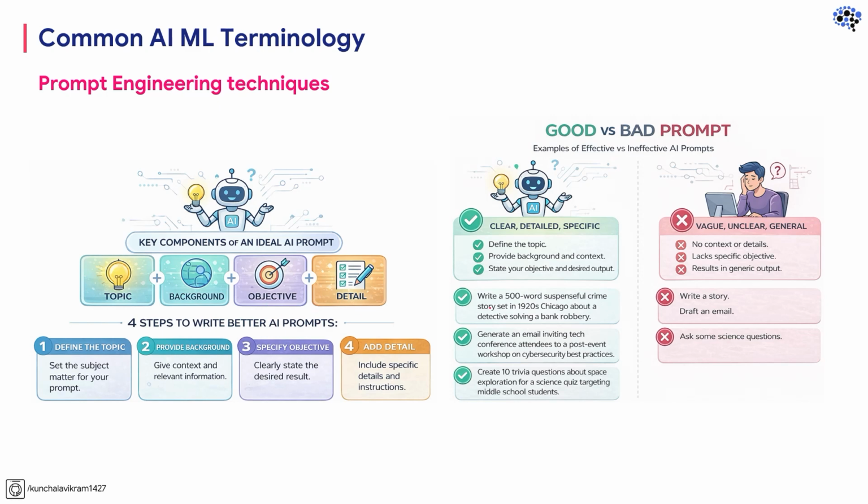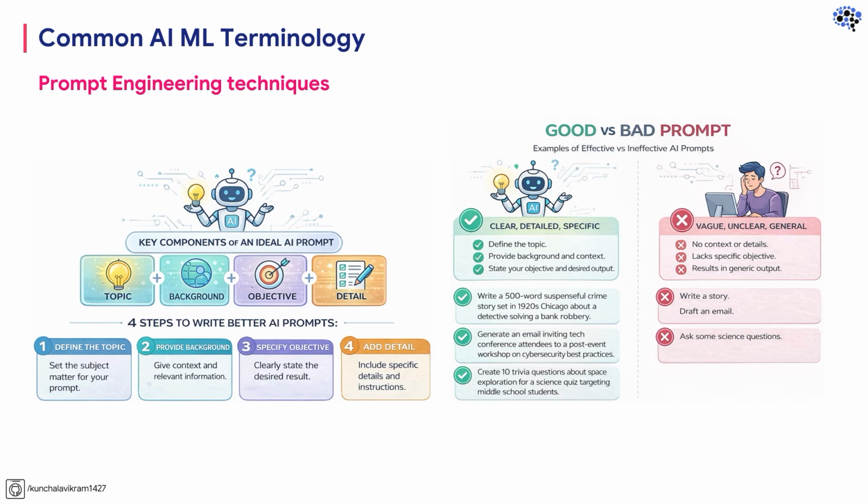For example, I can say, write a 500 word suspenseful crime story set in 1920s Chicago about a detective solving a bank robbery. Now you can see it is a very structured prompt. There is a topic, a background, an objective, and all relevant details. Another example is generate an email inviting tech conference attendees to a post event workshop on cybersecurity best practices, right? So this is how you clearly write a prompt.